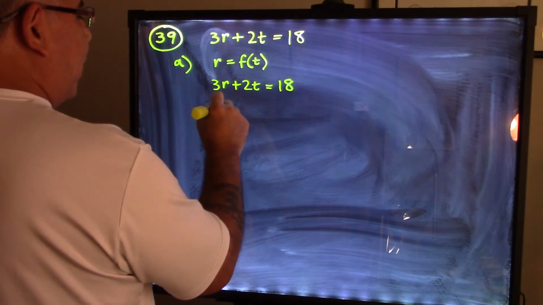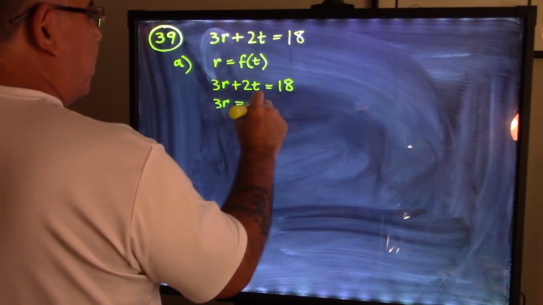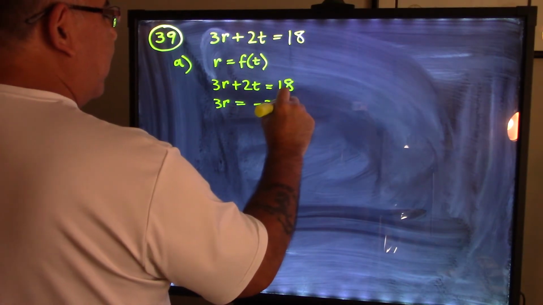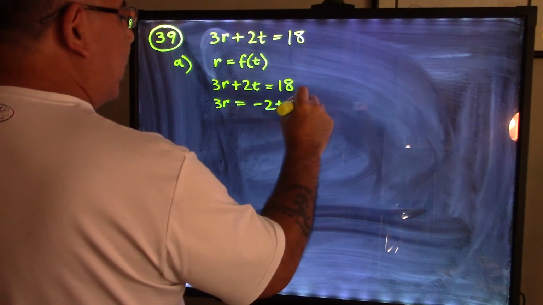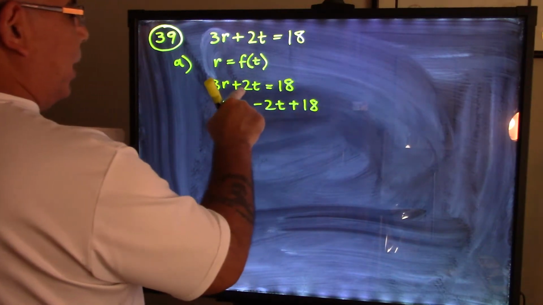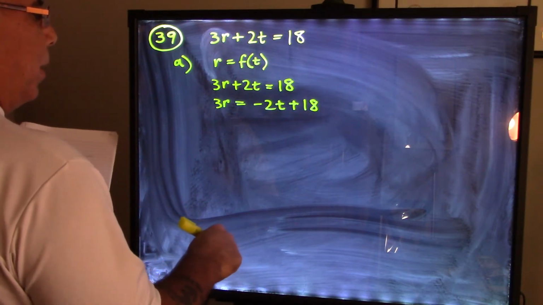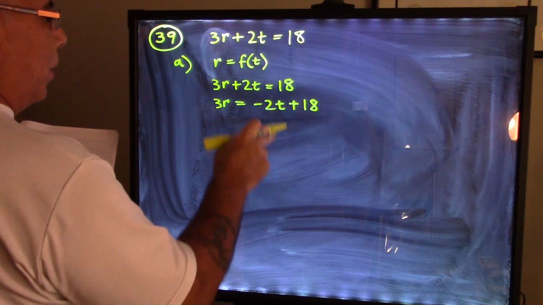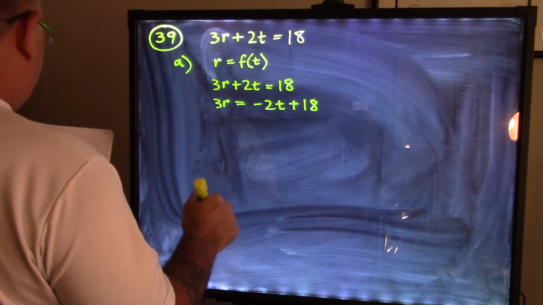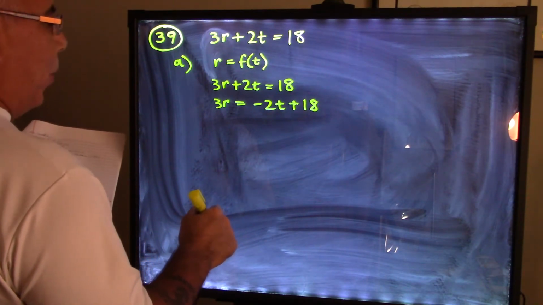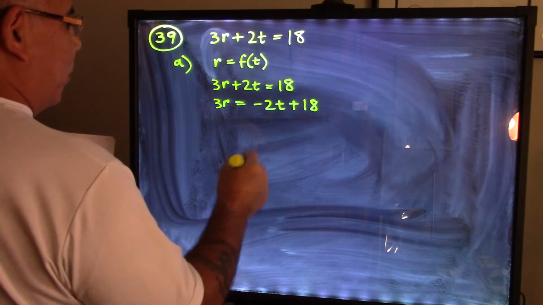So you got 3r equals negative 2t plus 18. So subtract 2t from both sides, or think of it as transposing the 2t, changing the sign to negative 2t, to the other side. And then you multiply both sides by 1/3 or divide both sides by 3, either way.